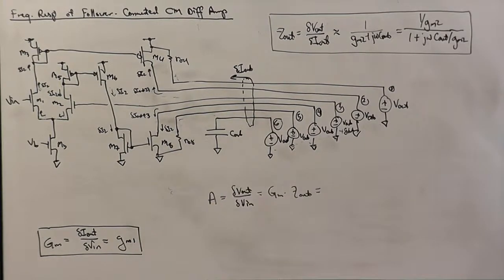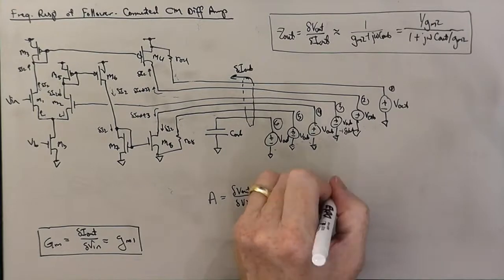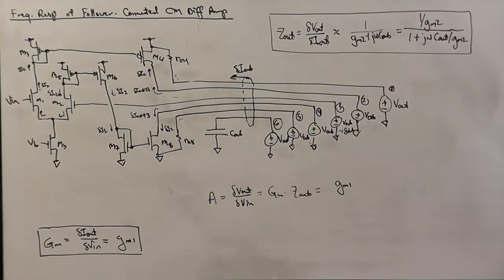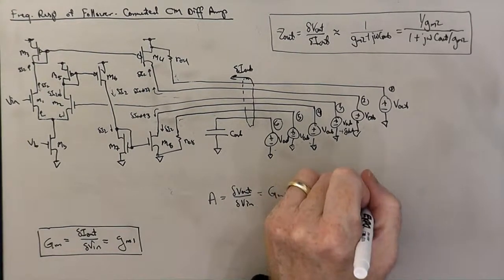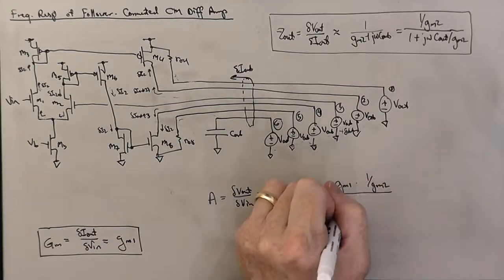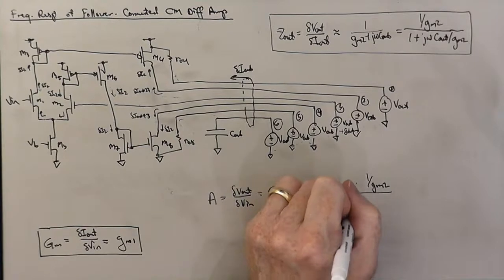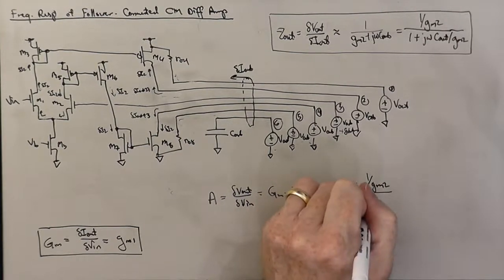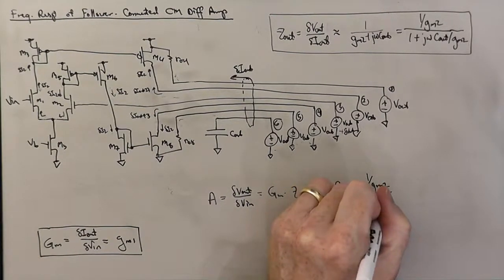And that's going to be GM1 from the GM times 1 over GM2 divided by 1 plus j omega C out over GM2.